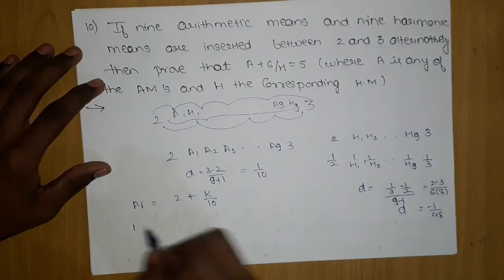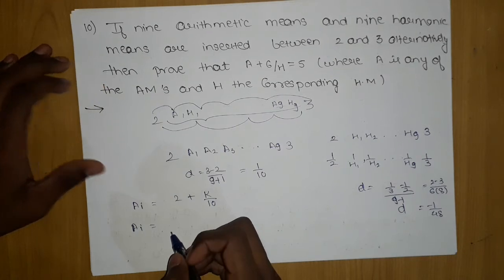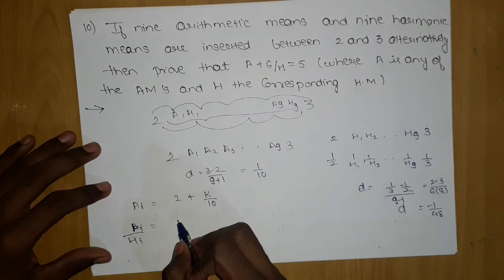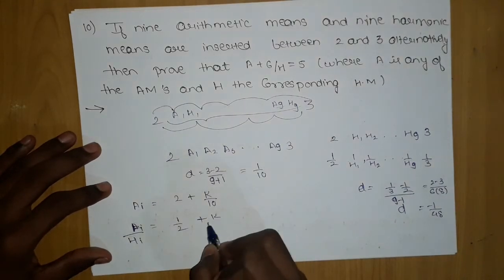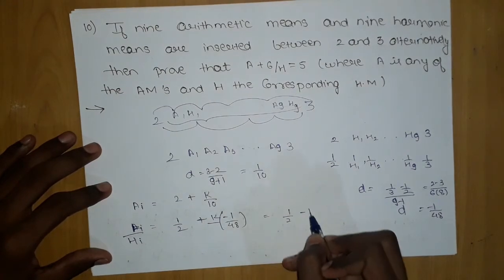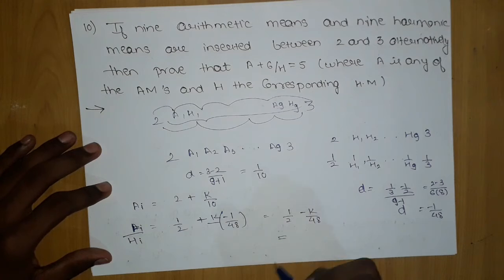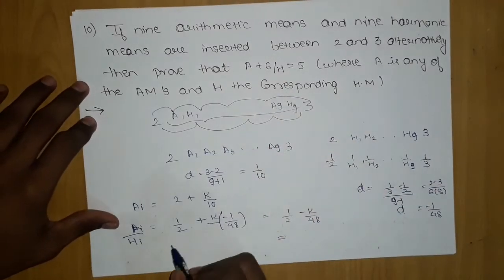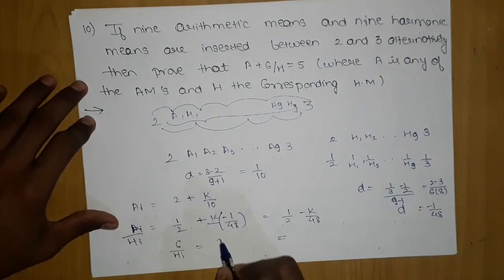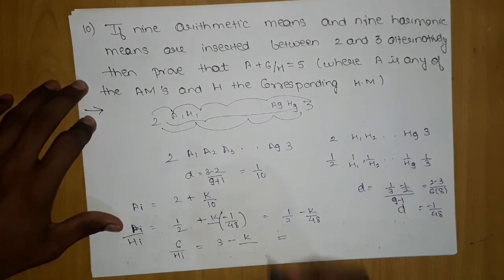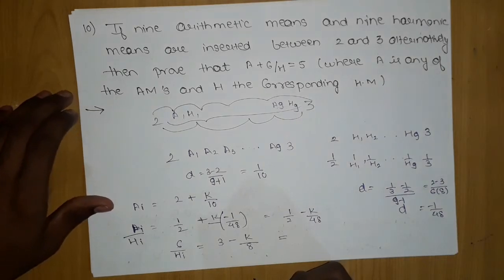So ai is 2 plus k by 10. For the general harmonic mean, we invert it, so 1 upon hi is 1 upon 2 plus k times minus 1 upon 60, which is nothing but 1 upon 2 minus k by 60. Now if I multiply it by 6, my job will be done here.